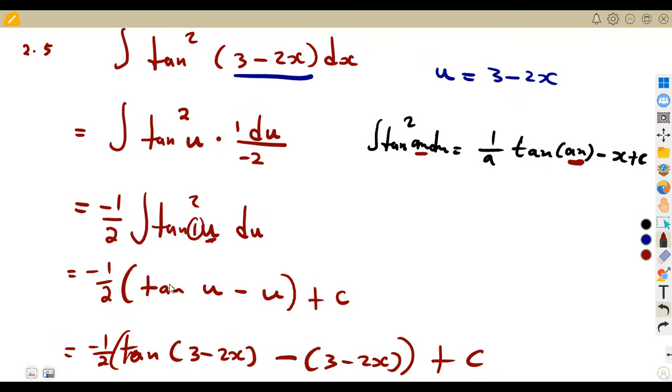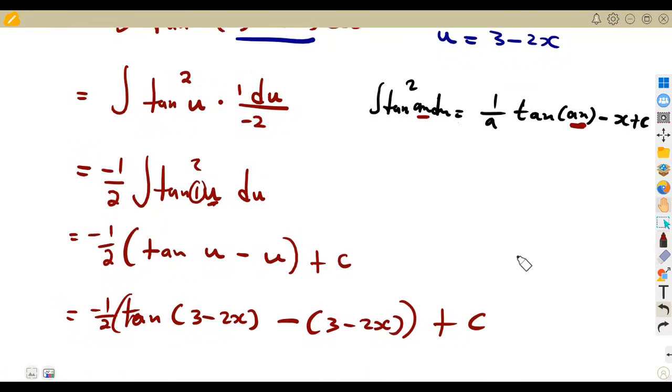So here, yes, you can leave it like that as it is, or you can separate. You can expand because the minus half is outside of the bracket, so it expands inside of the bracket. Minus half multiplies the first term, so it's going to be minus half tan of 3 minus 2x.